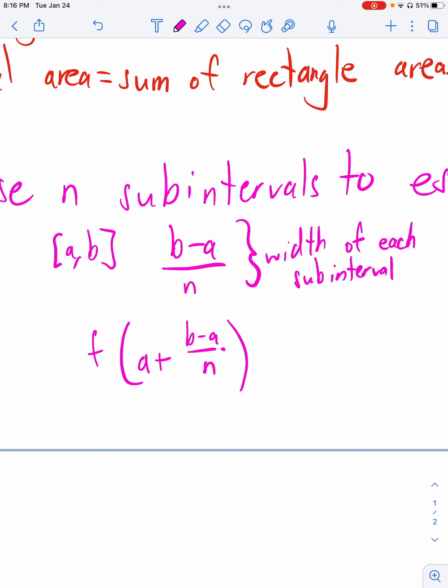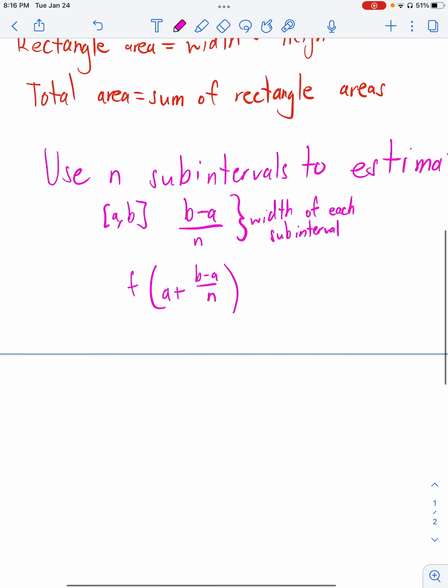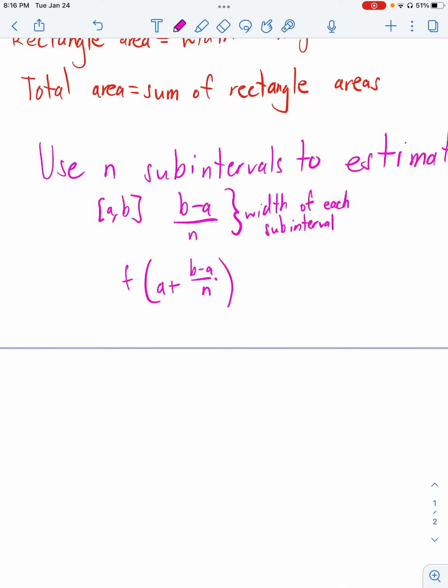The height of that fourth rectangle is going to be f evaluated at the x value of a plus (b minus a)/n times 4. All right, times 5, times 6, times so on. So I'm going to say just times i right now. This is going to be times the height of each subinterval, okay?